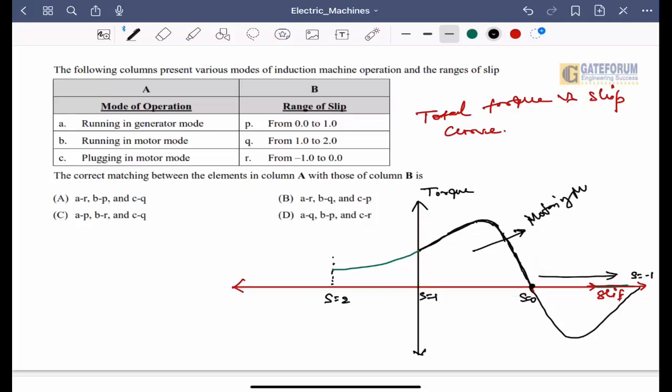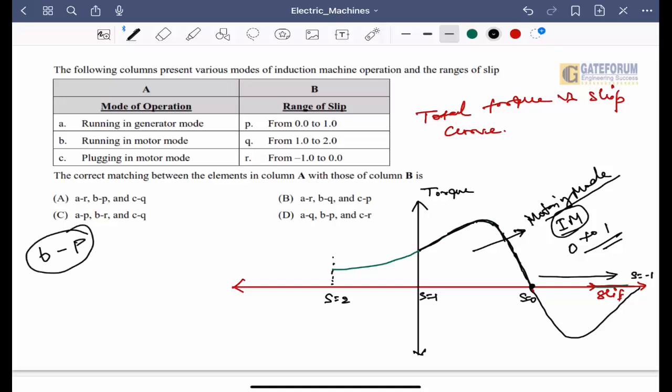This is the motoring mode, where your induction motor will get operated in motoring mode. So motoring mode slip is what? Motoring mode is 0 to 1. So we can say that B from column A can be matched with P.